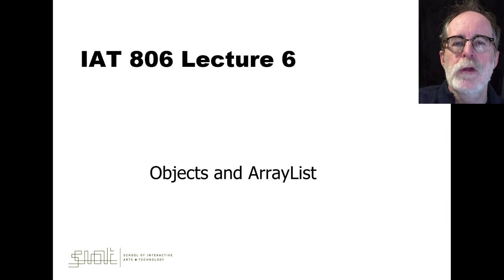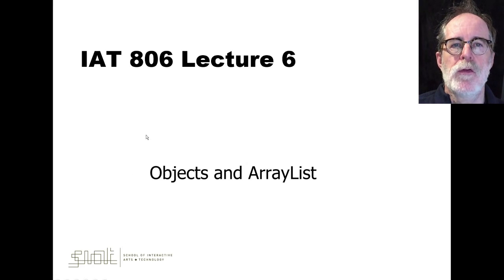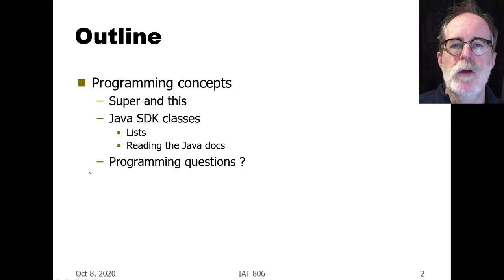However, there's some things that a facility like ArrayList needs in order to function correctly. So we're going to be talking about those requirements that are based on object-oriented programming techniques, and we're going to talk about those as we move forward now. To get started, we'll be talking about programming concepts first, including two new Java keywords.